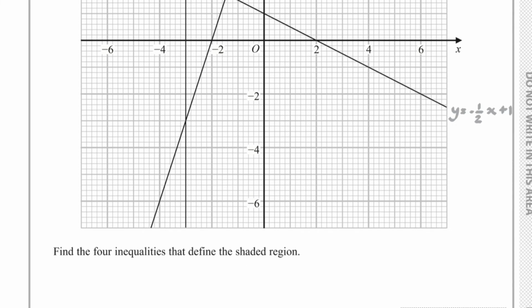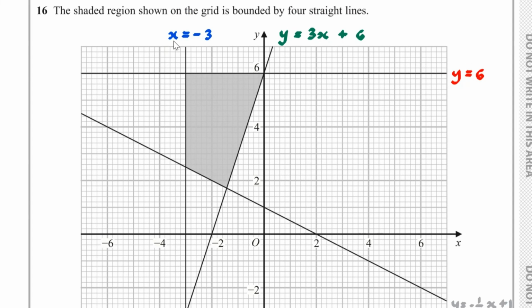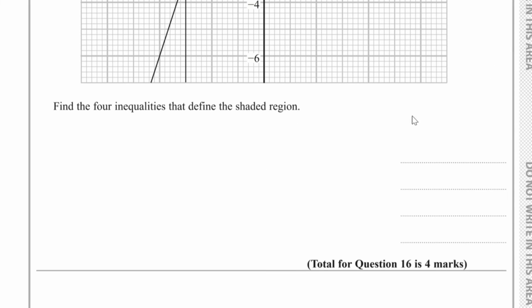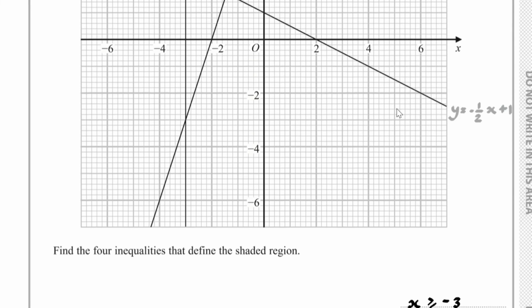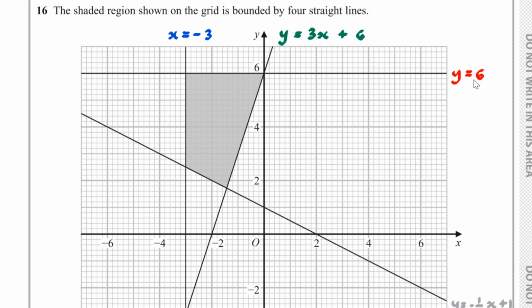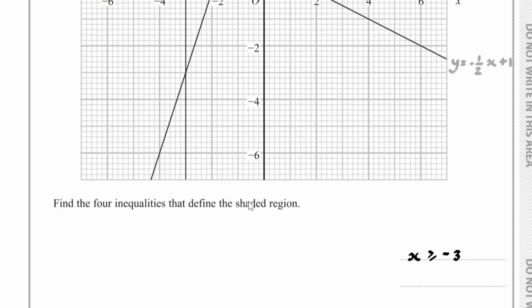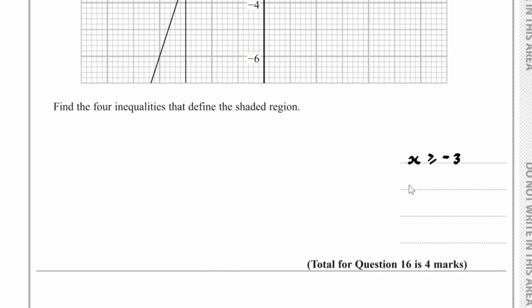So now, when we come to shade the inequalities, we've got values over here, x being greater or equal to minus 3. Then I've got y equals 6. I want the values below that, so I've got y is less than or equal to 6.